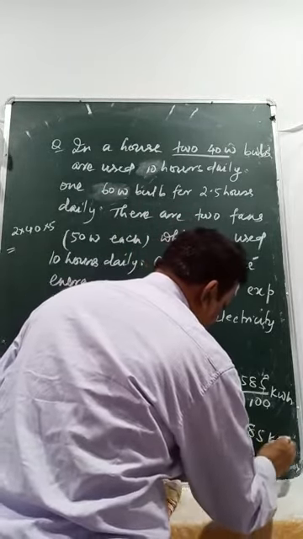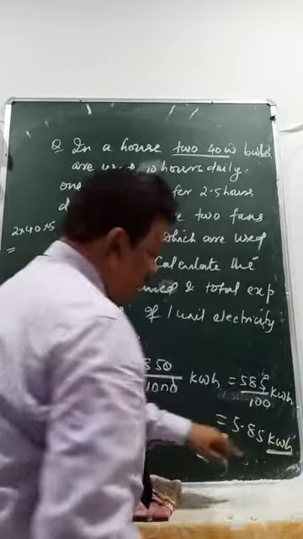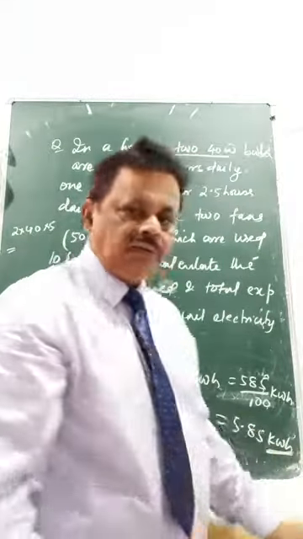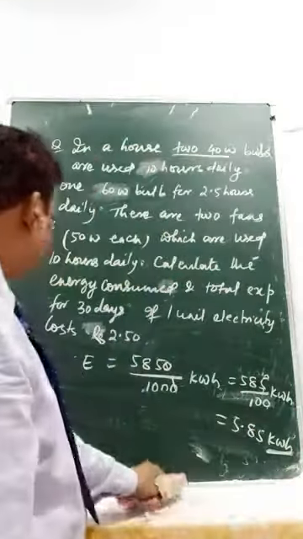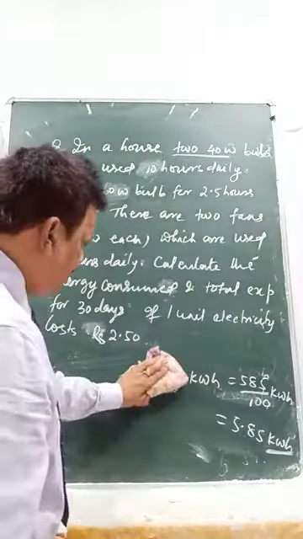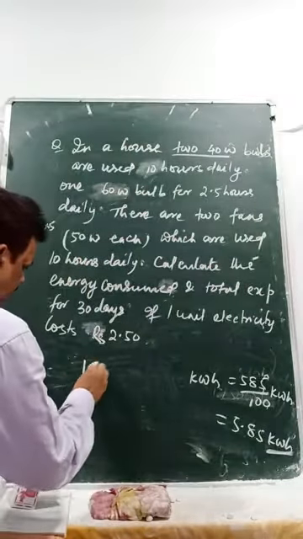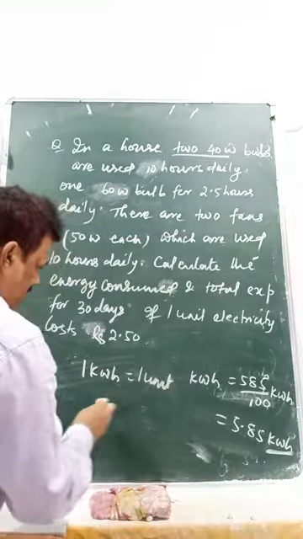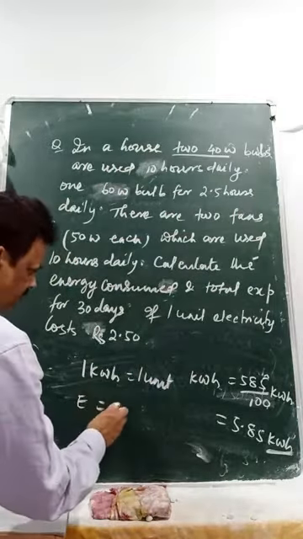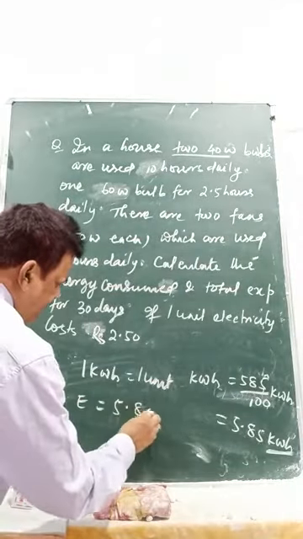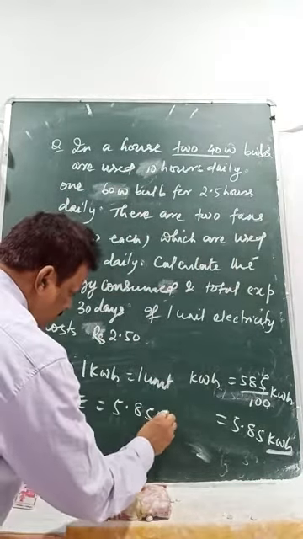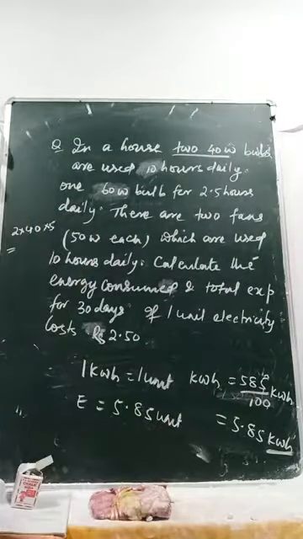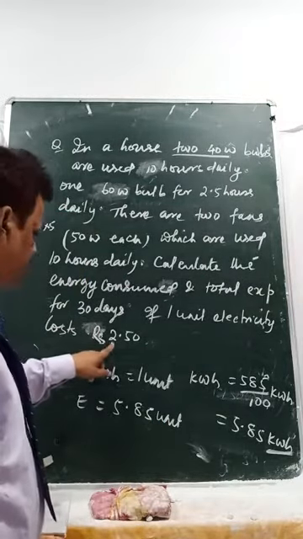Remember, 1 kilowatt hour equals 1 unit. So I write here 1 kilowatt hour equals 1 unit. So energy will become 46.5 units. So 1 unit is costing how much?